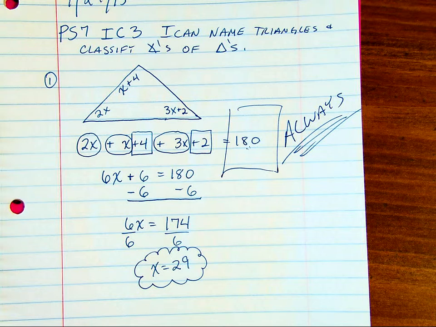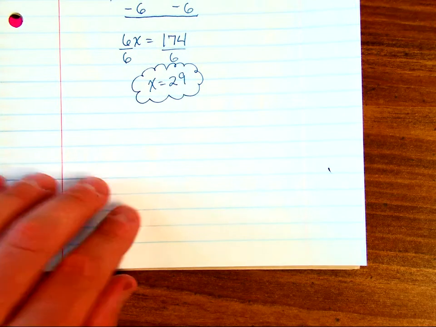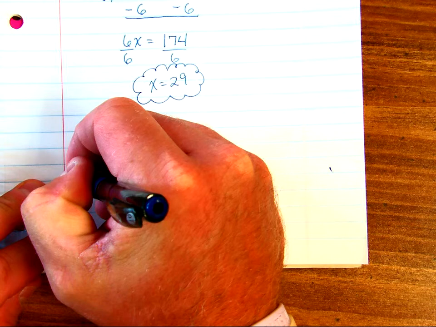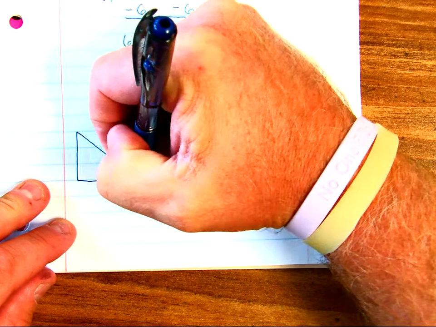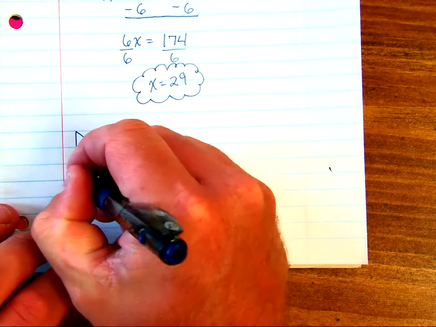Any questions about combining like terms? All right. What kind of a triangle is that? According to angles. According to angles, Emma. It's a right triangle.